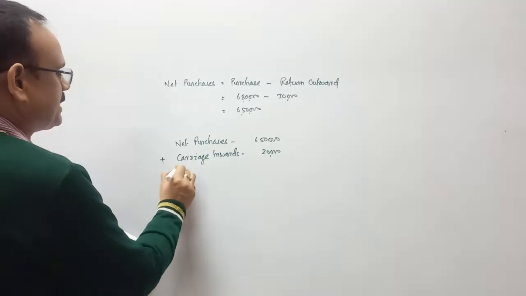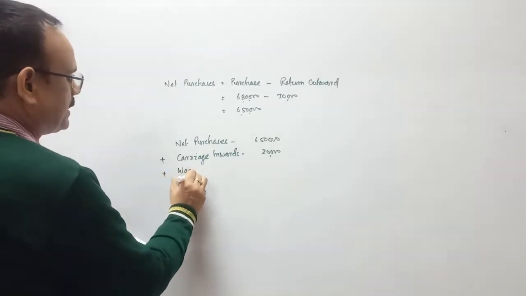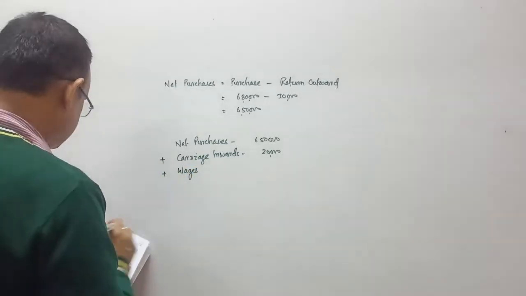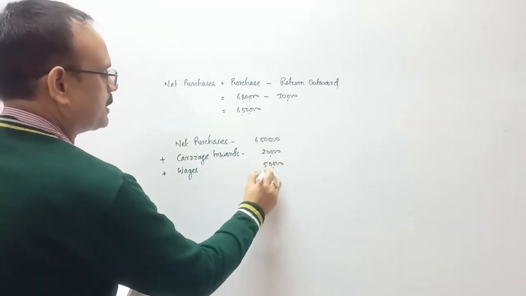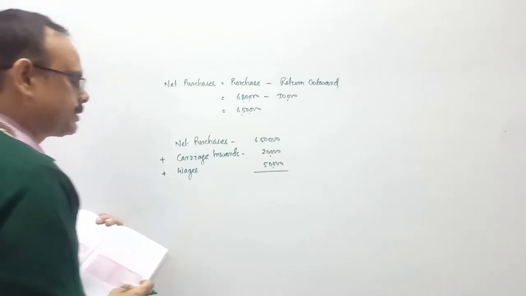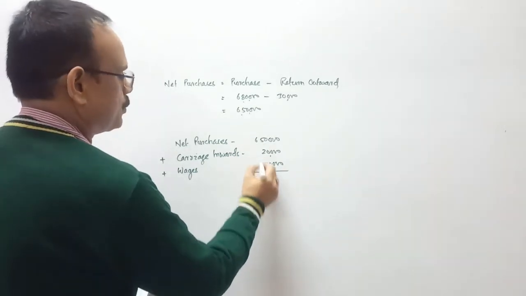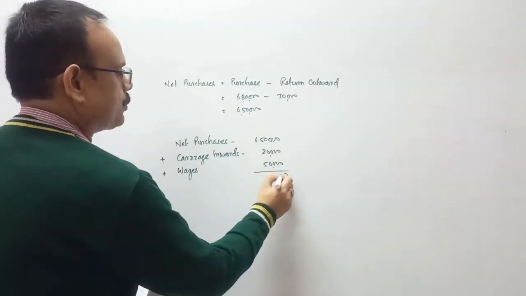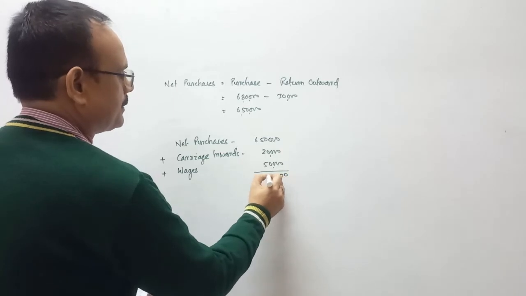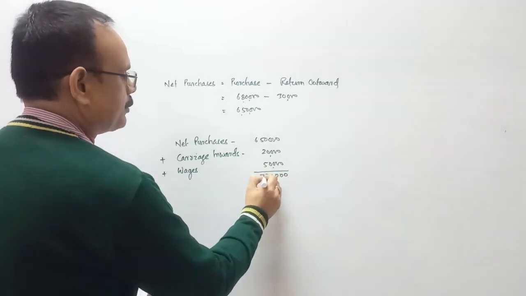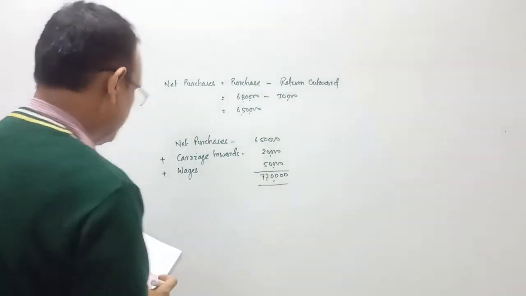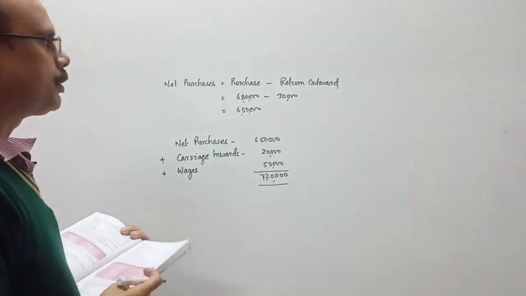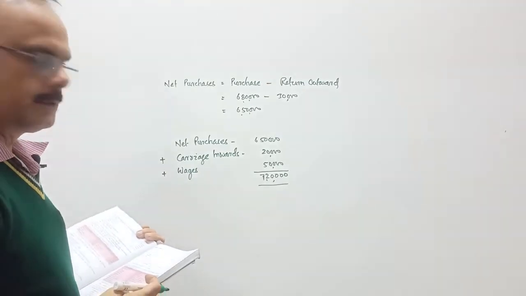Plus wages, a direct expense, which is 50,000. So the total related to the trading account is 7,20,000.